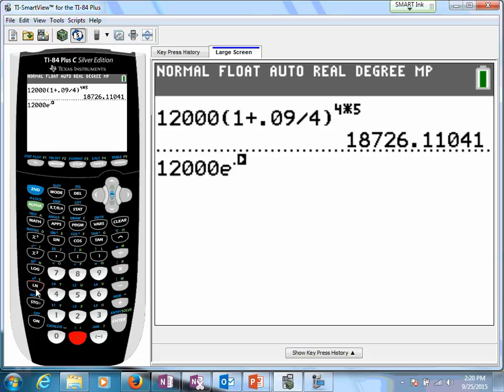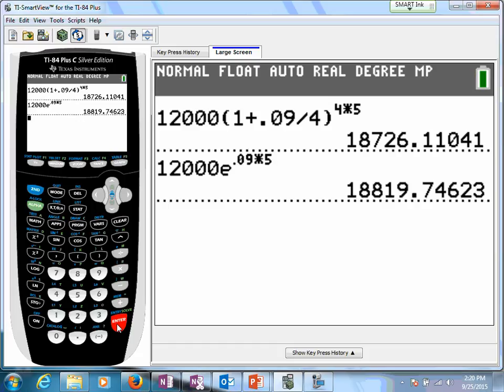All right, so I'm just going to go 0.09 times 5. Hit enter. And so if we compounded continuously, we make almost an extra $100 over the course of a 5-year period, because again, it's compounding more often, compounding continuously.